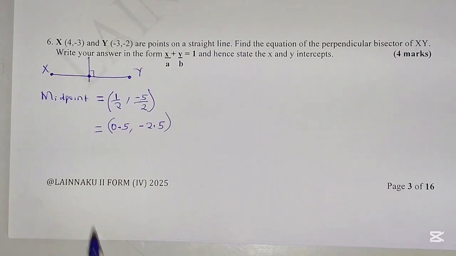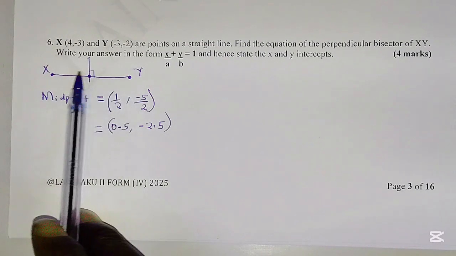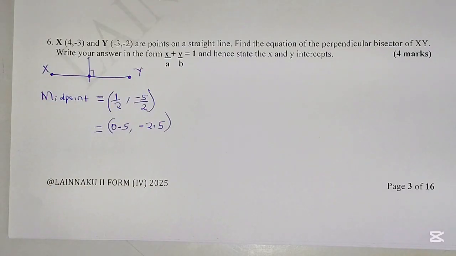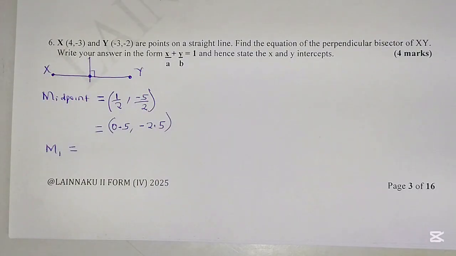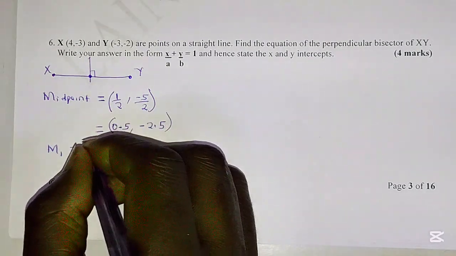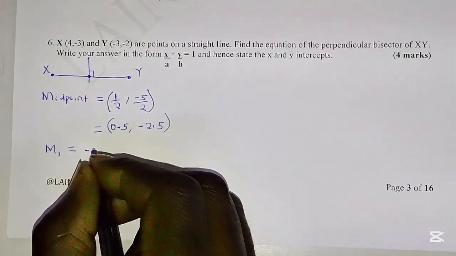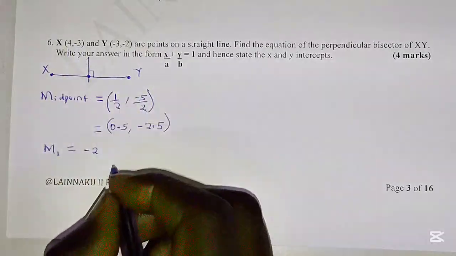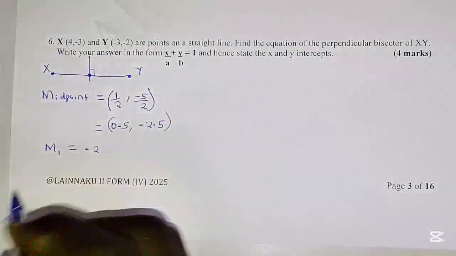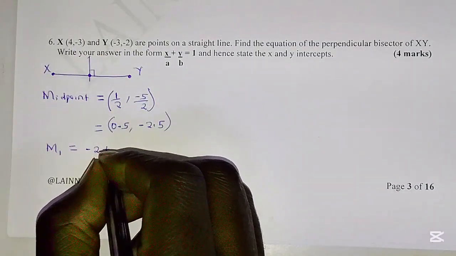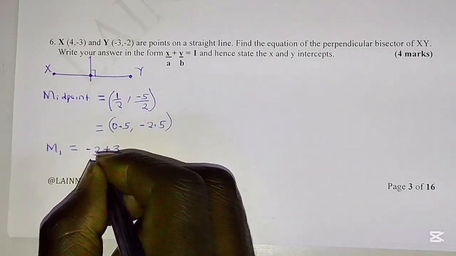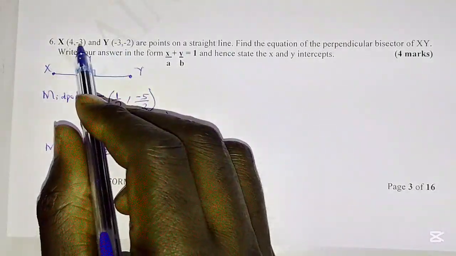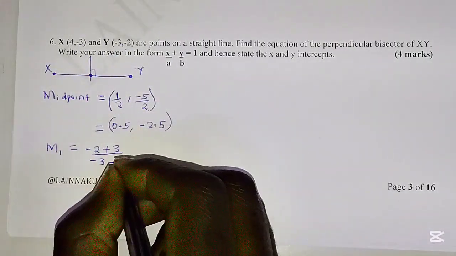Now, next, we need to find the gradient of this line XY. So how do you find the gradient? We'll call it m1. So the gradient of this line XY is going to be change in y, negative 2 minus y1, so it's going to be plus 3, all of it over change in x, negative 3 minus 4.